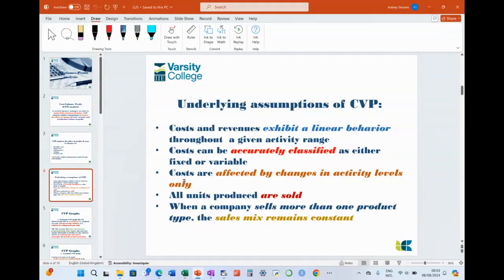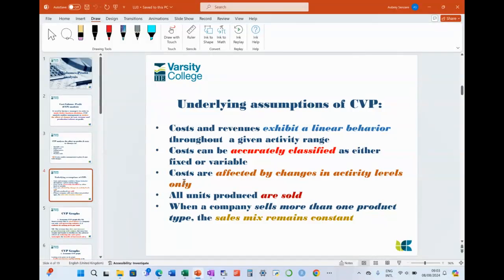It exhibits a linear behavior throughout a given activity range. Costs can be accurately classified as either fixed or variable. If we are unable to classify costs as fixed or variable, we can't actually do our CVP analysis. So that's an assumption that must hold.